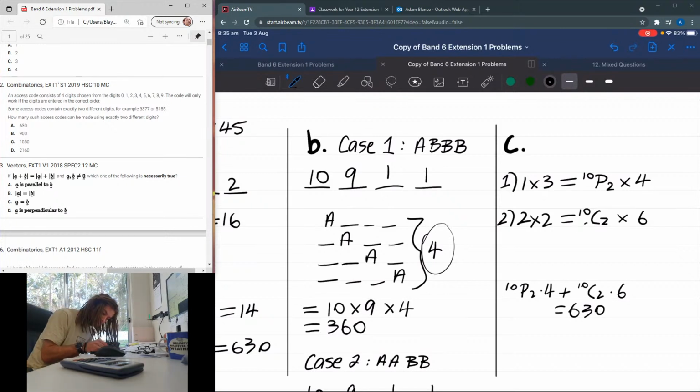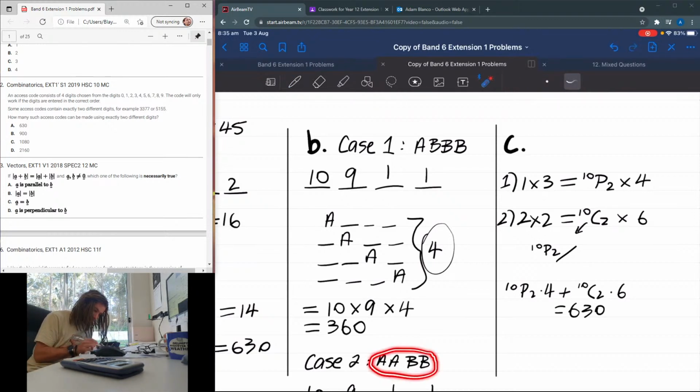And if you don't like the 10 choose 2, if it was ordered 10 pick 2, then you divide it by the order, like pretending you're trying to order these. So 2 factorial.